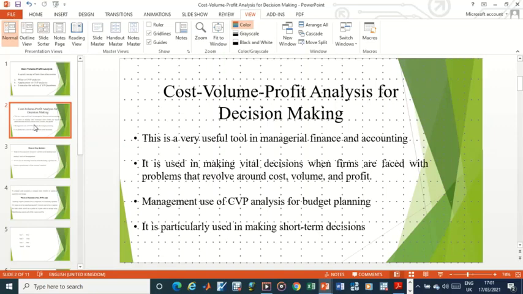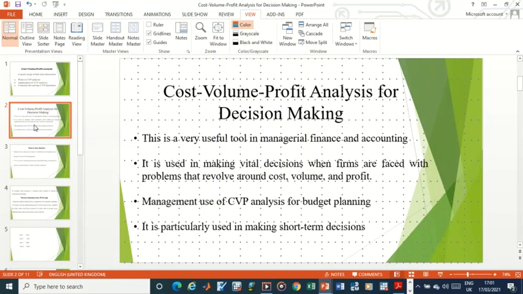Like I told you earlier, costs are divided into fixed and variable cost. So before you can solve any question in CVP analysis, you first have to separate the fixed element of a cost from its variable element. So that's the first step before you can arrive at your contribution.